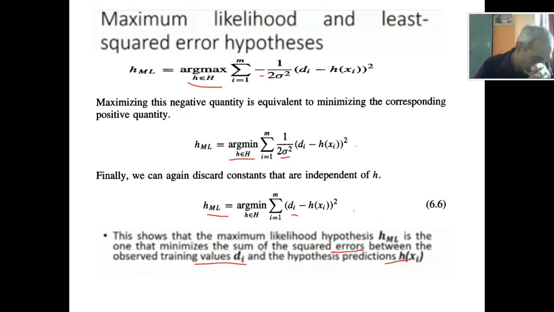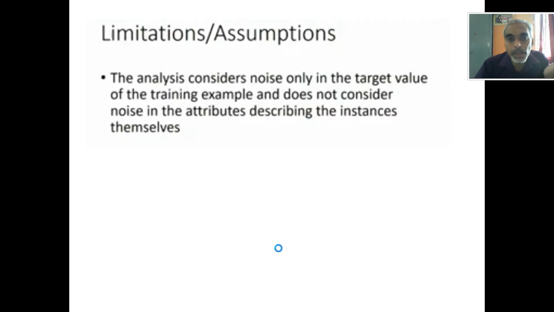So this is what we have understood with the maximum likelihood hypothesis, and we have seen that the hypothesis which actually minimizes the squared error is your maximum likelihood hypothesis. There are certain limitations or assumptions which you are going to make here. The analysis considers noise only in the target value of our training example and does not consider noise in the attribute.